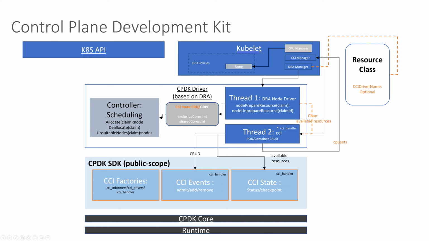So if I want to allocate a pod with the new kind of spec, I will get this event, and I could send a message through the channel to the node driver that the state changed. Then the node driver can share it back to the scheduler through the CRD or something else.